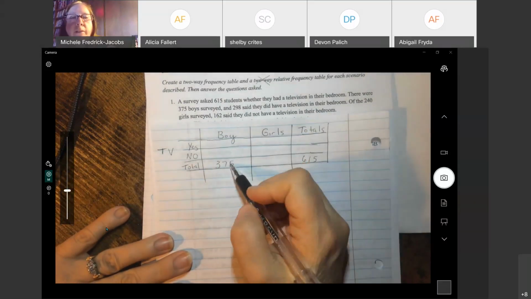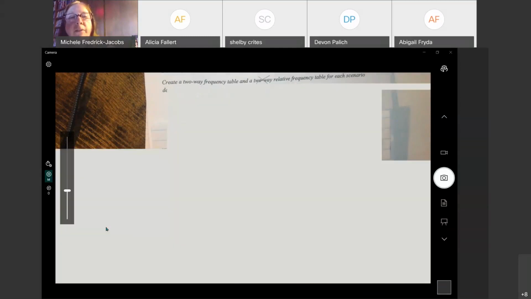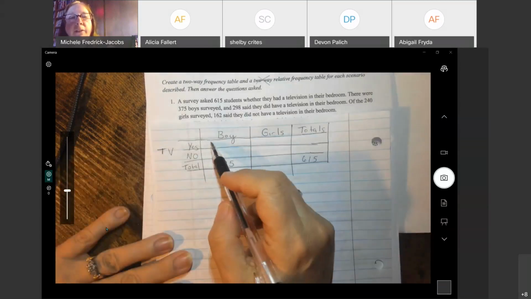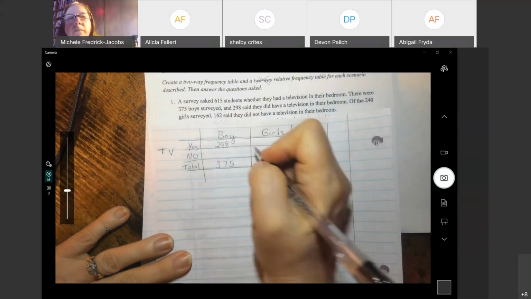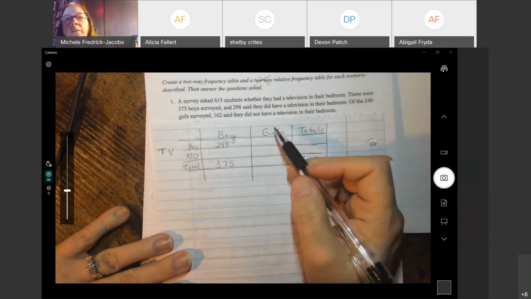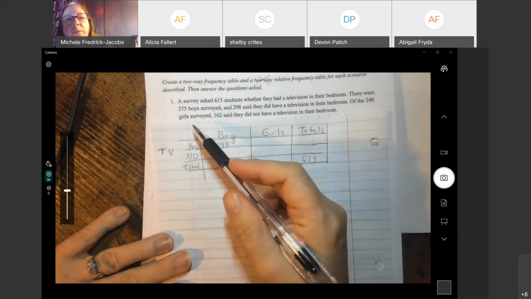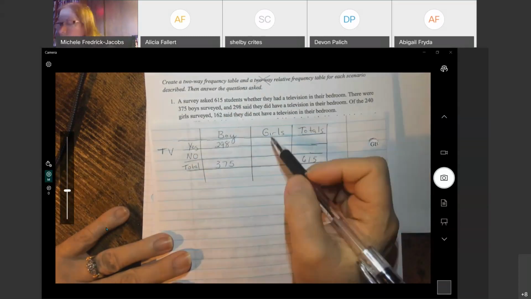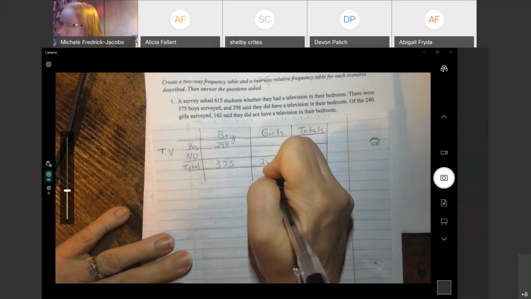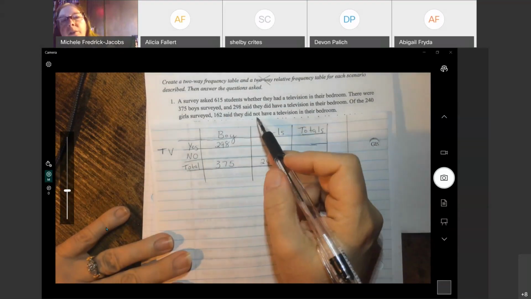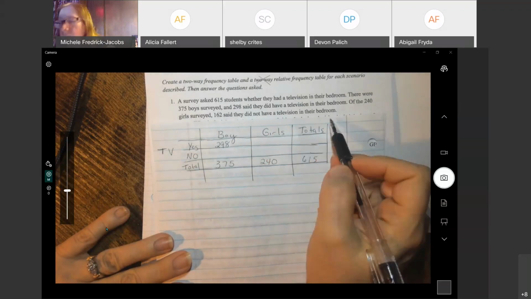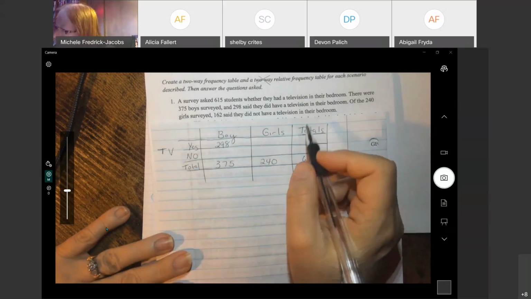So of the 375, 298 have a television. Of the 240 girls, so the total for the girls is 240, 162 said they do not have a television. 162.